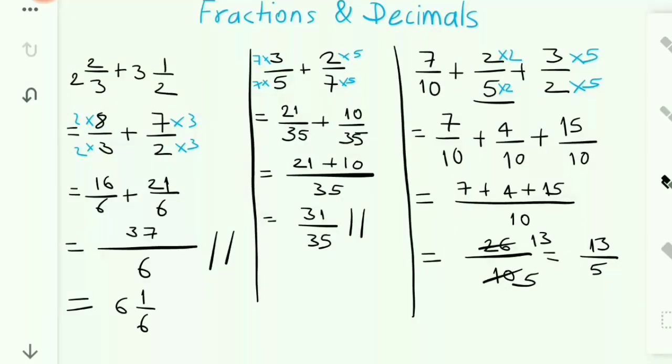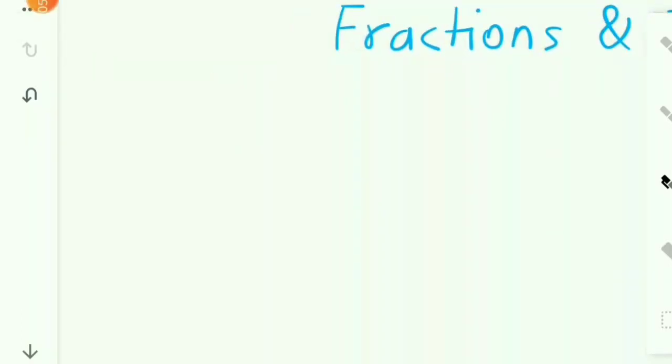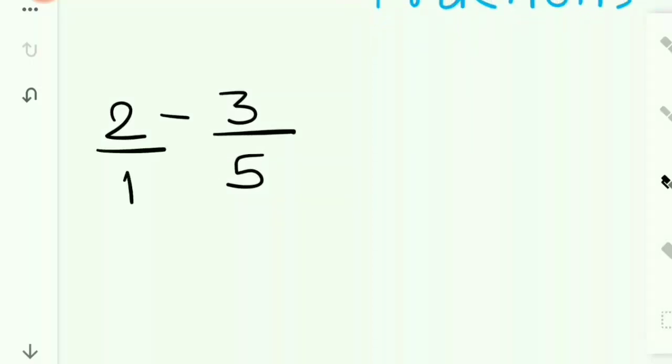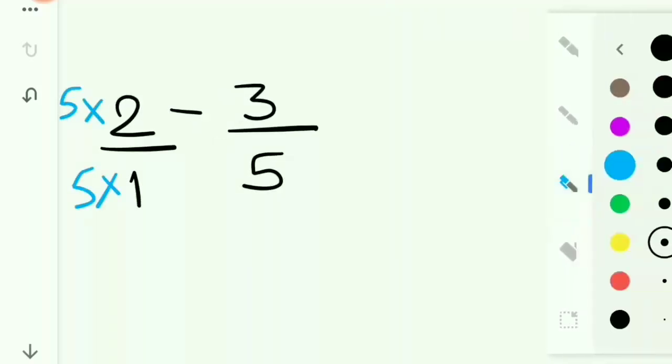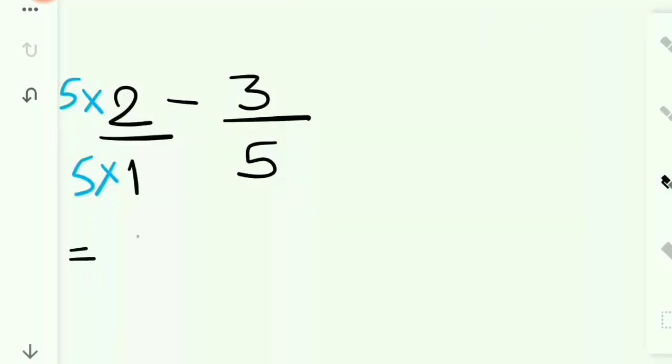Let's take subtraction now. First I am subtracting a fraction from a whole number. 2 minus 3 by 5. So again we make the LCM, multiplying by 5. So what comes next? 10 by 5 minus 3 by 5.